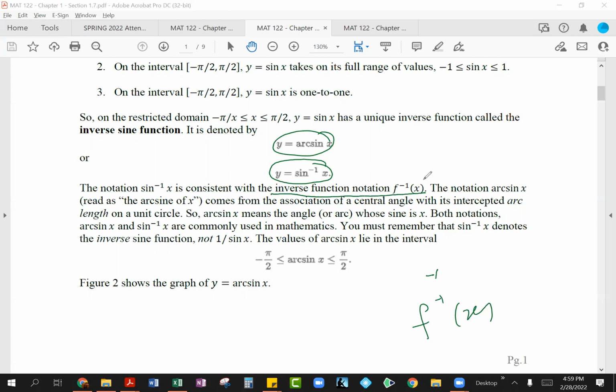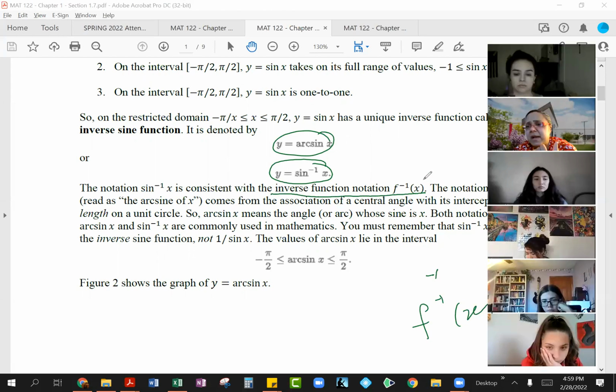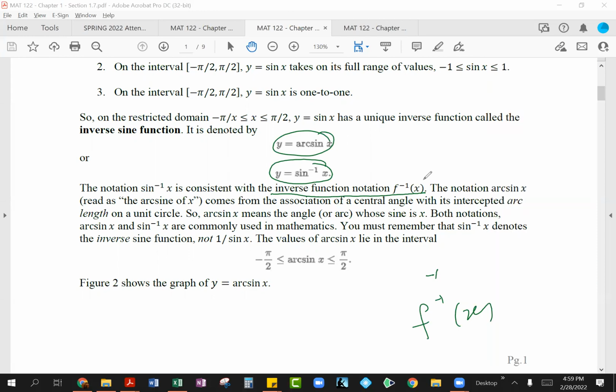This is the inverse function notation. You might remember that from your college algebra class when we talk about inverse functions. So this is where the inverse terminology comes from.